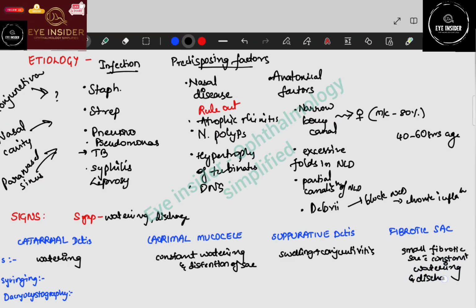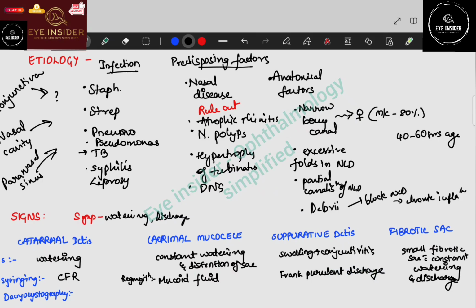On syringing, there will be clear fluid regurgitation in the catarrhal stage, and mucoid fluid on pressing near the medial canthal area, that is the regurgitation test. In the suppurative one, syringing should not be performed, and on pressing we will see a frank purulent discharge.